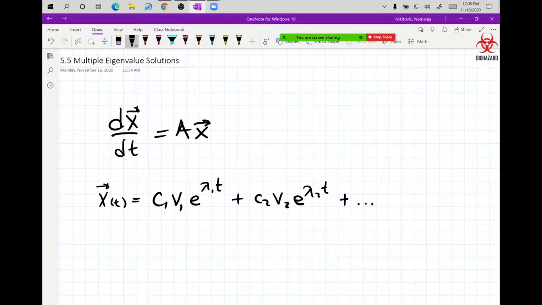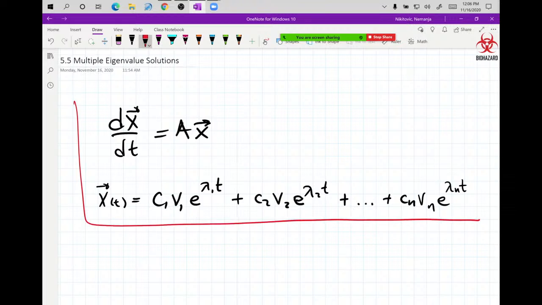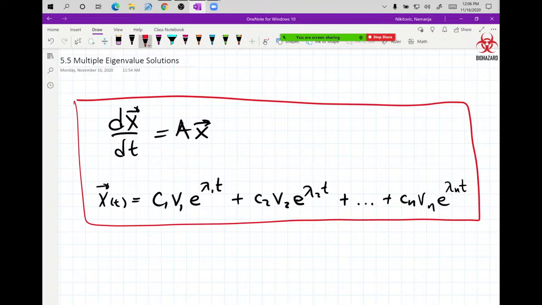Plus, maybe you have 10 equations, which would make this a 10 by 10 matrix, and you have 10 eigenvalues, maybe 5 pairs of complex ones, so you can have all of that. So Cn Vn e to the lambda n t. Now, this is a universal solution that fits the complex eigenvalues as well, except you would have complex numbers in the exponentials, which you can use Euler's equations to convert into the sine and cosine equations we know and love. But all of the solutions fit in there.